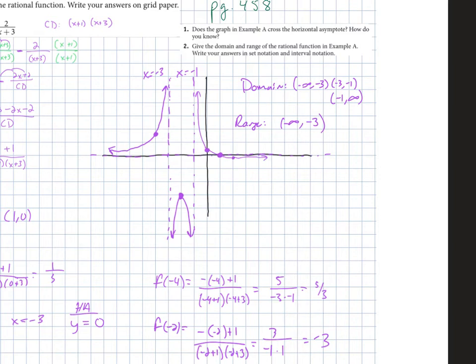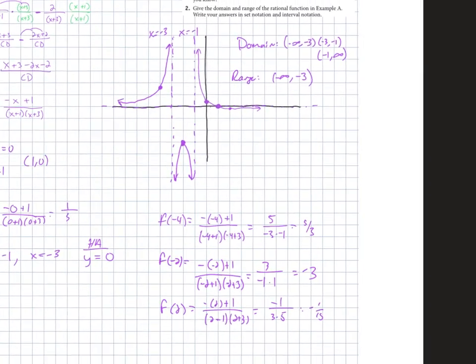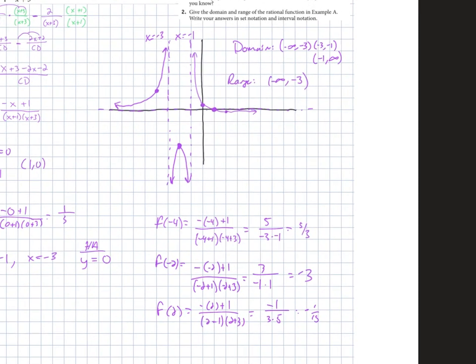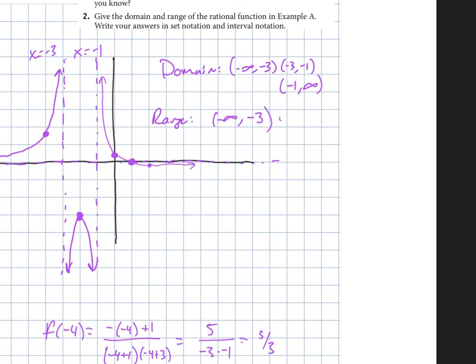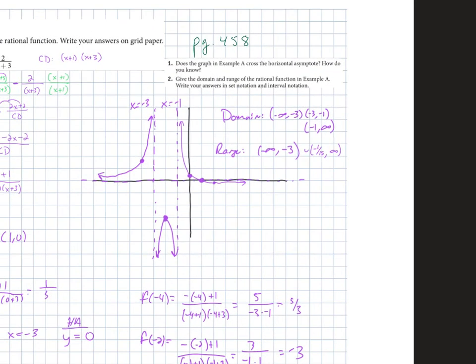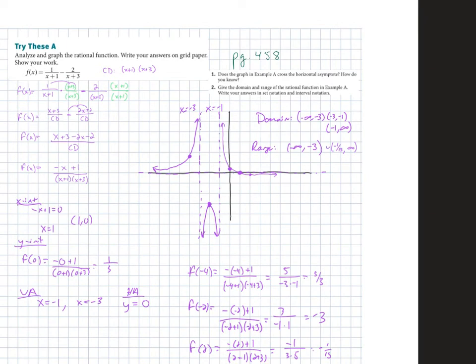And right now the best I can do without using Desmos, which would help me figure out where those minimum points are, but assuming it goes through that negative 1/15 part, I would say negative 1/15 up to positive infinity for the upper part. But again, I would have to use Desmos to find the exact minimum value that is right around here. So feel free to take this further and try it.